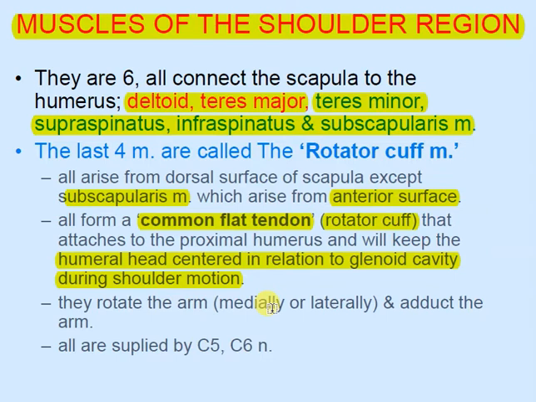These muscles maintain the position of the head of humerus on the glenoid cavity, so that you will not dislocate. These are very important concepts for you to know about the shoulder joint and the different kinds of movement it can perform.